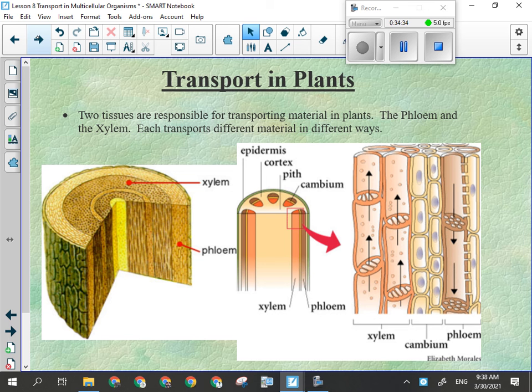All right, so xylem's on the inside, transporting water up the plant using osmosis and the polar nature of water. The phloem is on the outside. It transports sugars from the leaves to the roots using gravity. I guarantee you that will be on your test. I will ask you exactly that. Name the two transport tubes, what they transport and how.